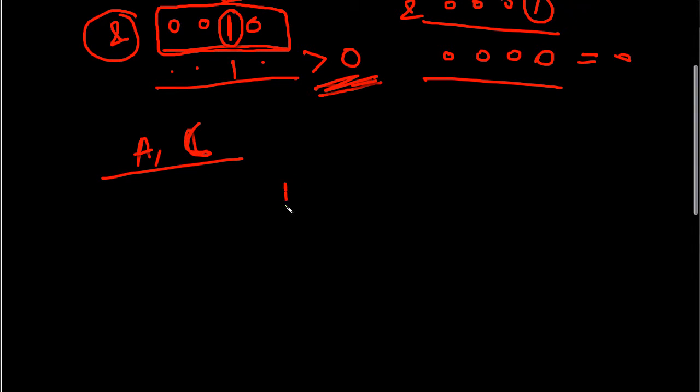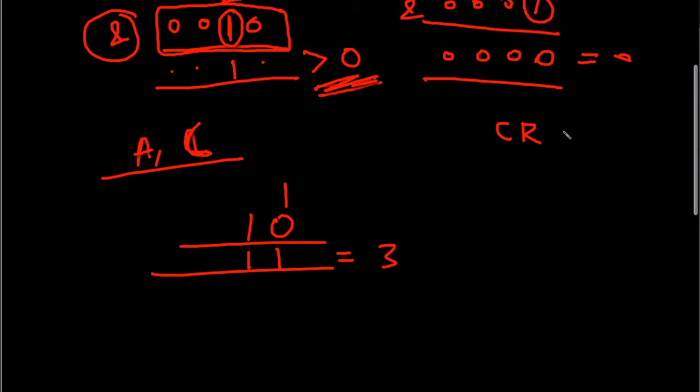In this case, comedy was 1 and action was 1 0. So we have 1 1, which is 3. Now in our example we had, let's say, Casino Royale, which was action, had the action bit set, and it was also a thriller.